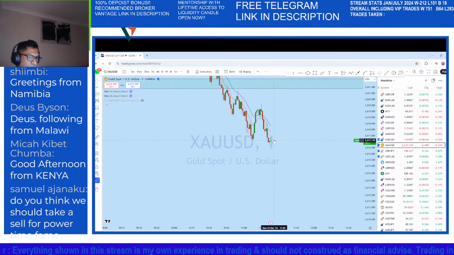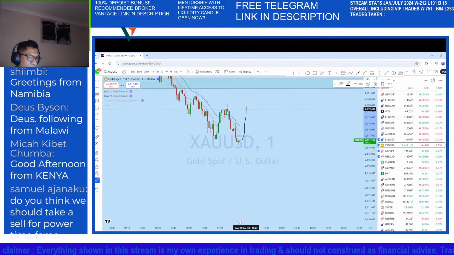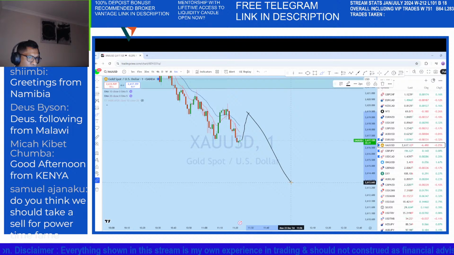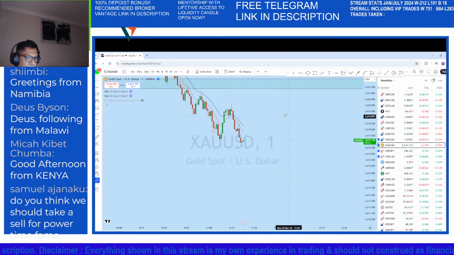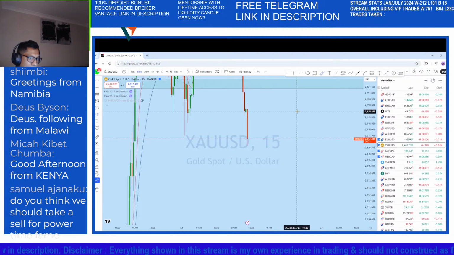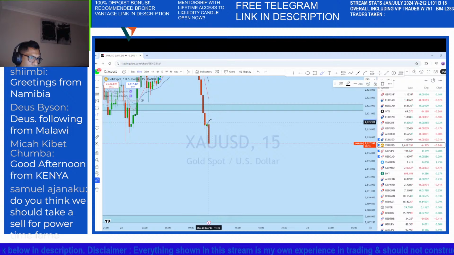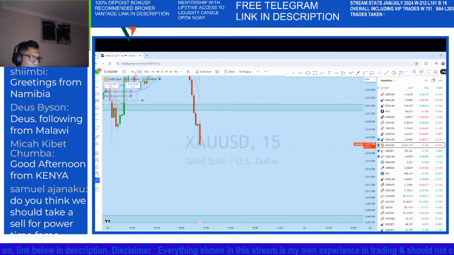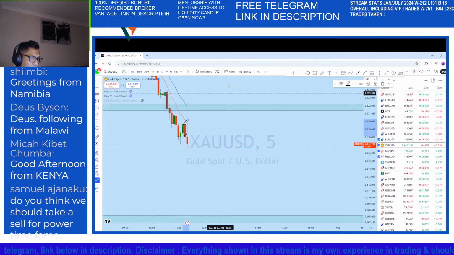I want you to see that here it's potentially bouncing, and after a bounce we can look for that selling opportunity in this market. There is a bearish engulfer here as well, which is also a big bearish engulfer. And this is also a bearish engulfer.